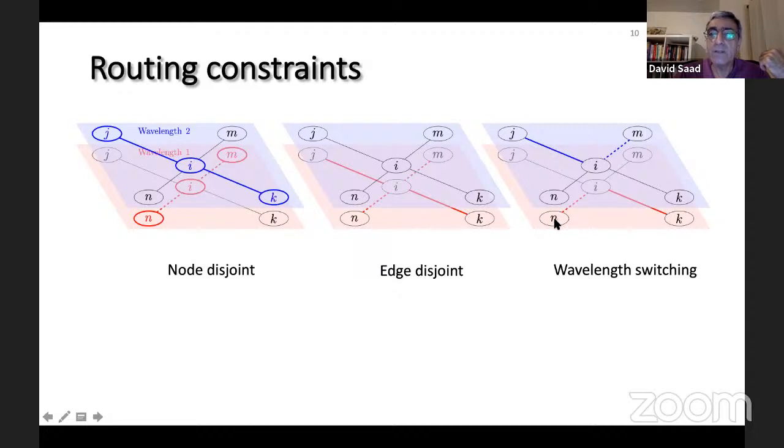In wavelength switching, you also can switch your wavelength at I from red to blue and from blue to red, and it offers greater flexibility.